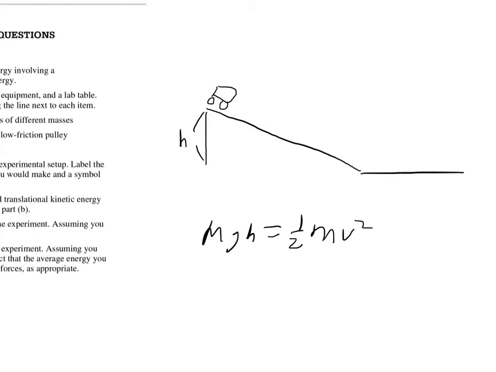And also for the velocity, we would have to know how fast the cart goes from the beginning of the incline to the end. So we'll have to know this distance, d, and we'll be measuring the time from start to stop with the stopwatch. The time will be written as t.